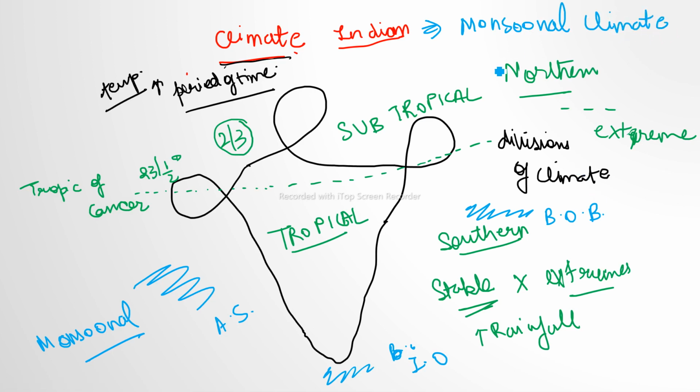The monsoon is really important for the GDP of India, which comes from agriculture, and agriculture forms a major part of Indian GDP. So these are the things you need to know about how the climate in India is divided. Now moving forward to the next part.